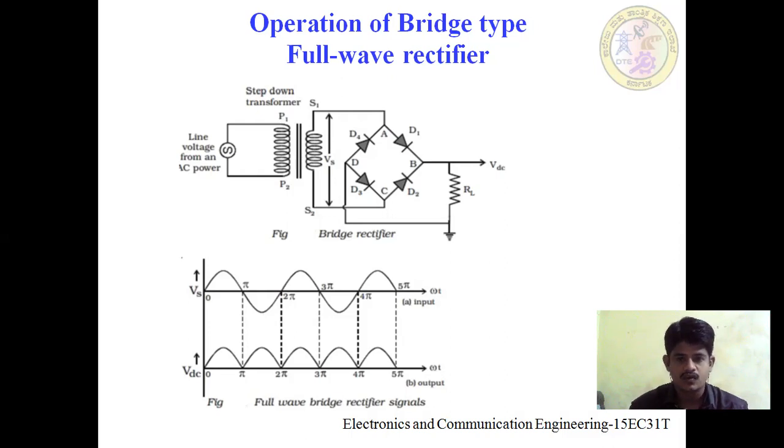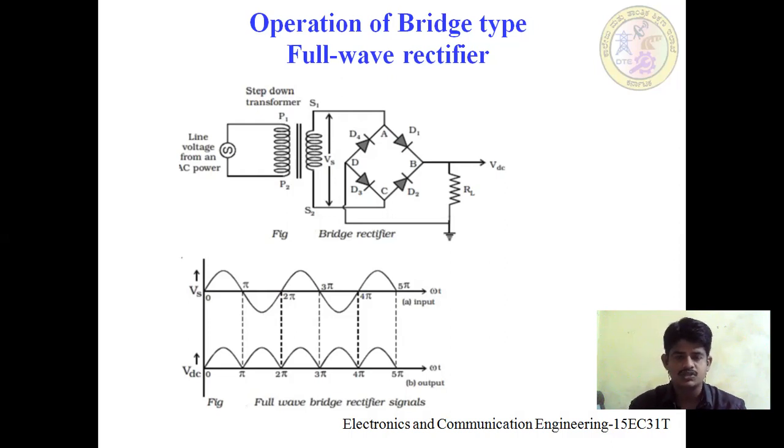Go with the circuit diagram and understand how it operates. The only thing you must remember is, during the positive half cycle, which point will be positive, which diodes will conduct, and how the current flows. And during the negative half cycle, which point will be positive, which diodes will come into forward bias, which diodes will come into reverse bias, and how the current flows.